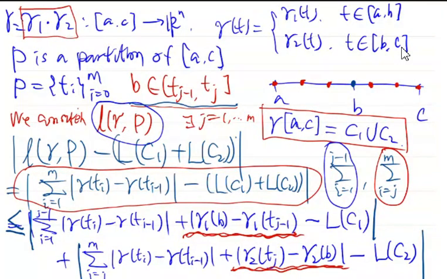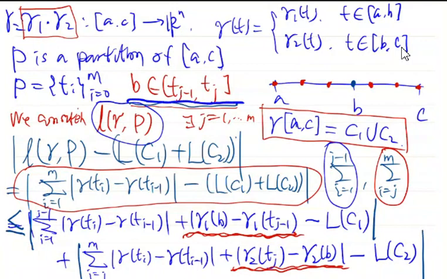Now we have a look at this. For i from 1 to j minus 1, Ti lies in the interval A B because B is less than Tj.